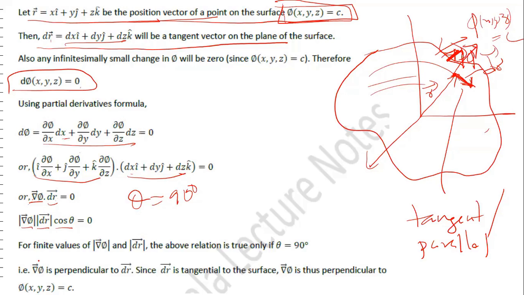I hope you get the idea, because dr is tangent or parallel to the surface at that particular point represented by your r vector. Therefore, since the dot product between dr and grad phi is 0, grad phi is at 90 degrees to the surface at that particular point represented by r vector. Right.